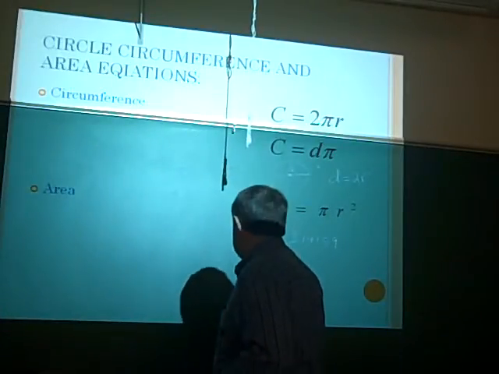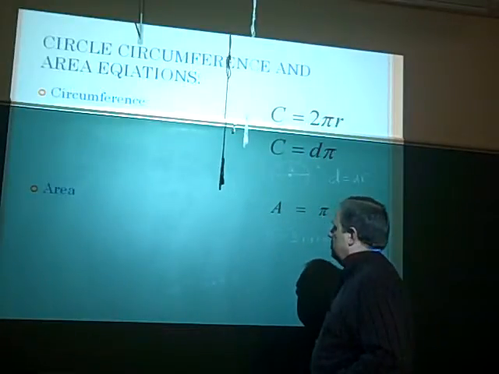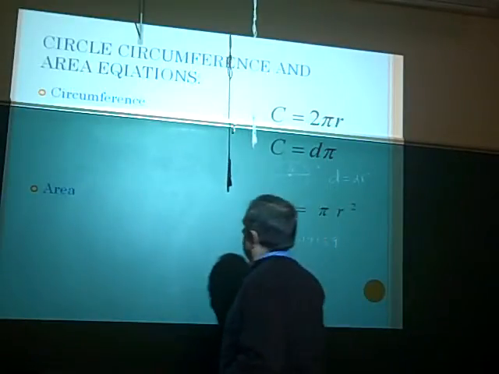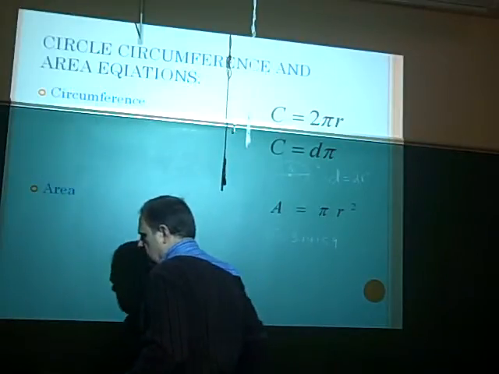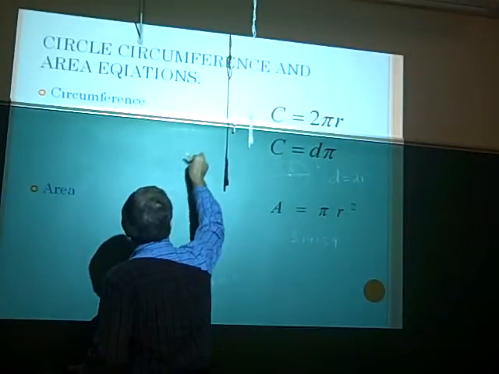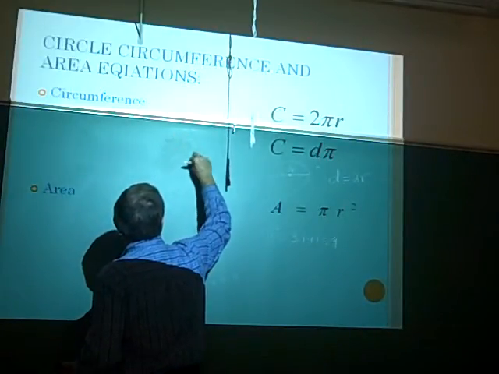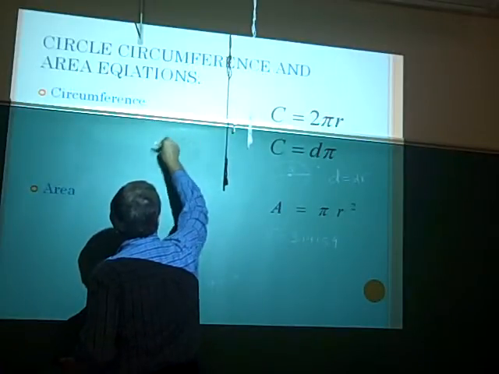That would be the circumference. Now that little puppy keeps going around, and now it wears out all the grass in this area. Now we're talking about area.